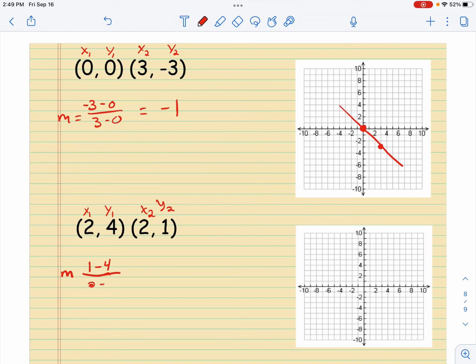That's 2 minus 2. We're going to get 0 here and negative 3 on top. You got a 0 as a denominator. You can't have that, so this one's just undefined. So we should expect to see a vertical line.